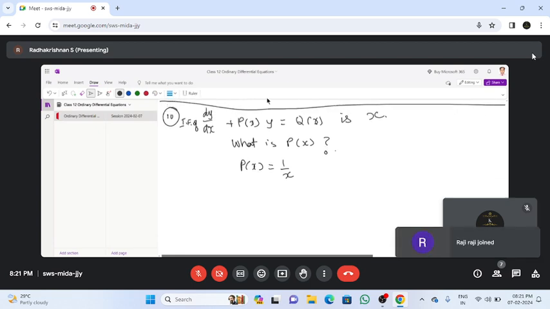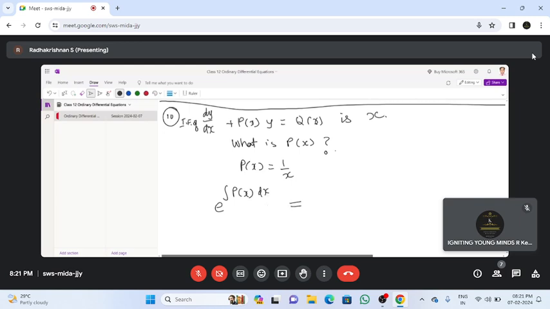So all we have to do is e to the power of integral p of x dx is the integrating factor. This is clearly given in that format: dy by dx plus p of x into y equal to q of x. So e to the power of integral p of x dx is the integrating factor, and this is equal to x as given. So from that you have to find out p of x.